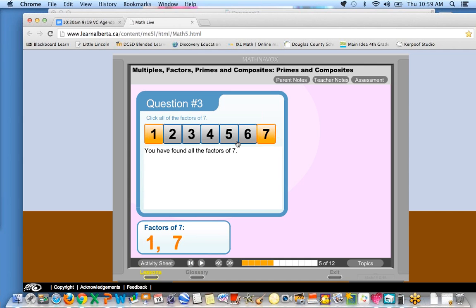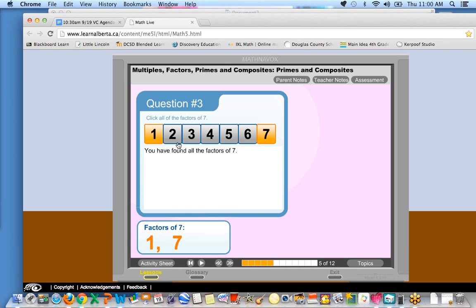Type into the chat, yes or no. Good, Jaden. Okay, so I don't think that there's anything else I could multiply together to end up with an answer of 7.